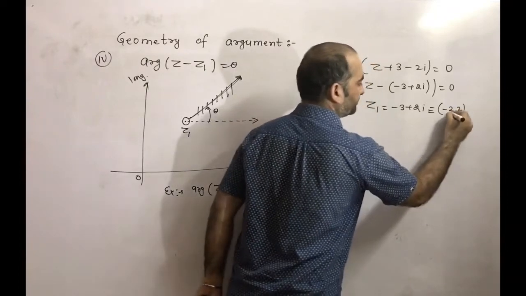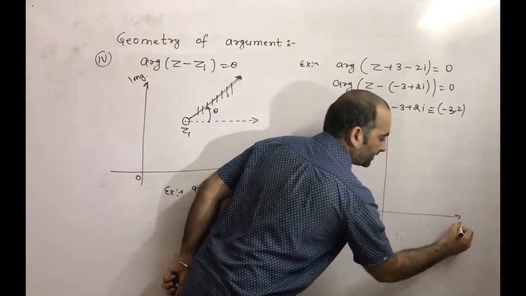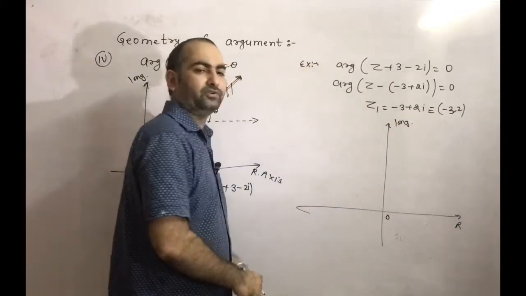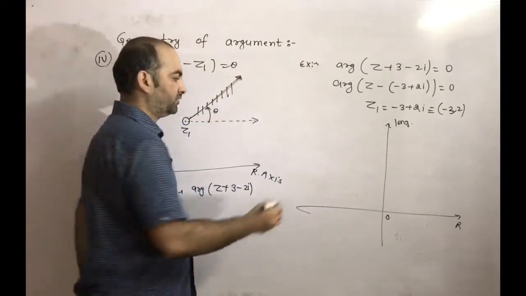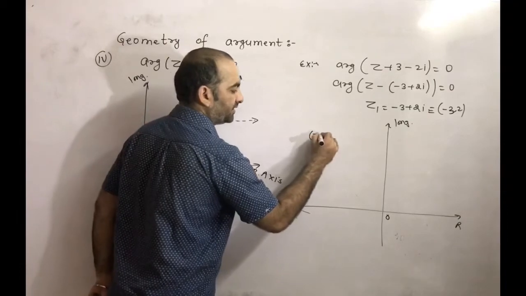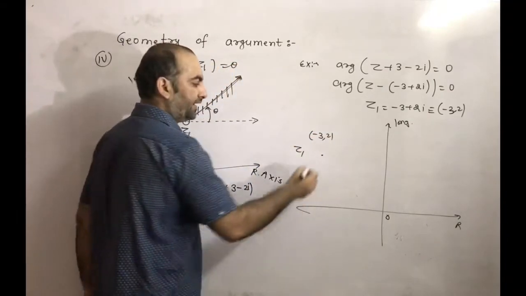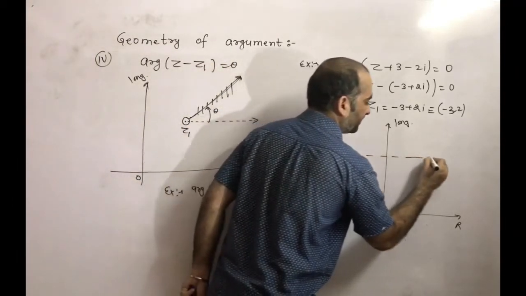So we will draw a complex plane. This is the real axis, this is the origin and this is the imaginary axis. First we will draw z1. z1 is (minus 3, 2). So this will come in the second quadrant. So this point will come at (minus 3, 2). This is z1. Now we will draw a line parallel to the positive real axis passing through z1.